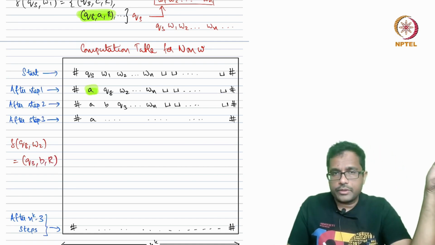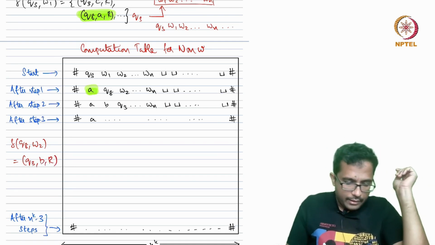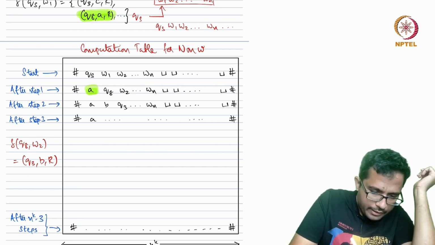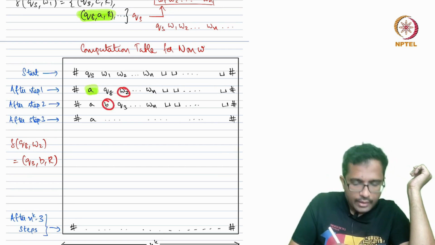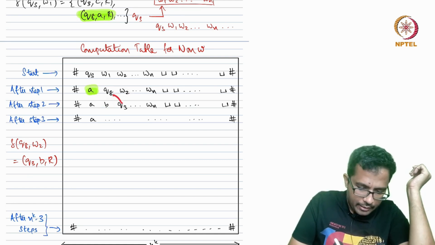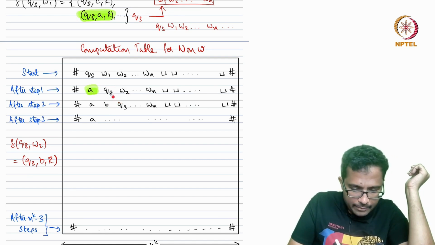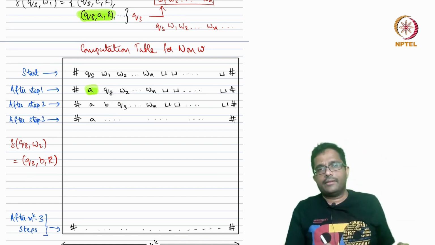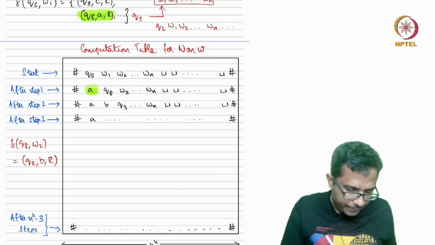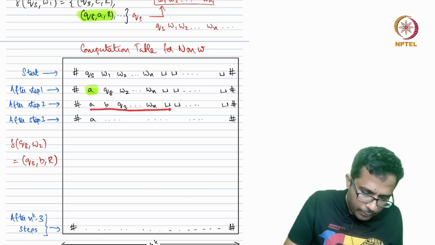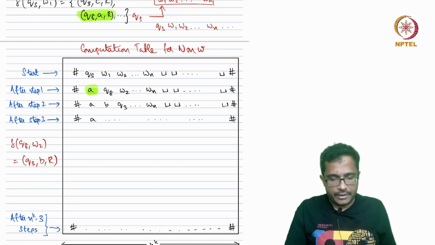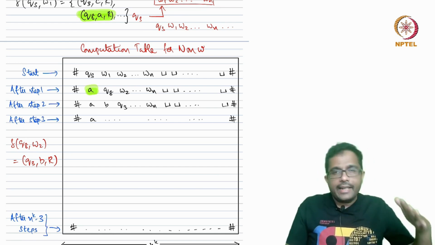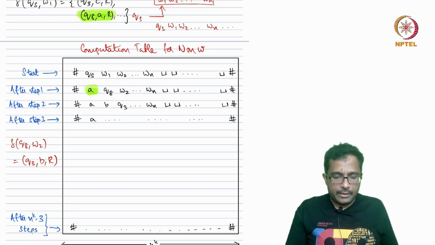There could be multiple moves. Suppose this was the selected move, then we see the move in the next line. So now this W2 is replaced by B, the state is Q3, and the head moves one step to the right. So this is going to be one possible configuration that the Turing machine can get to after two steps. Like that we can keep filling up the computation table.